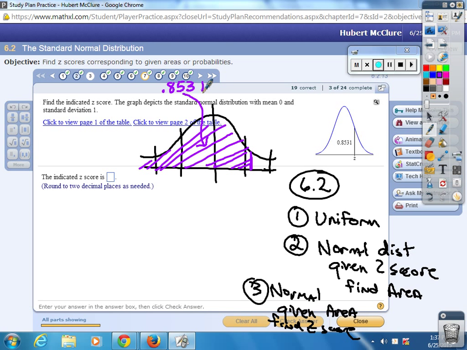Okay, so 2 things. One, is our z-score going to be positive or negative? Positive, because it's on the right side of what? 0. So it's going to be positive. And is our area greater than 50%? Yes.